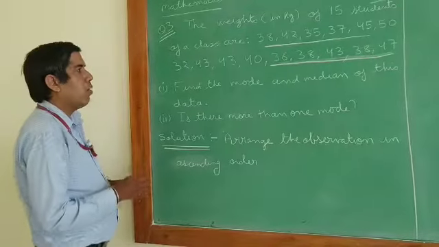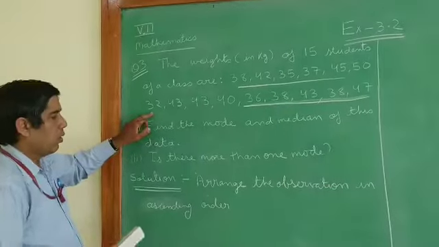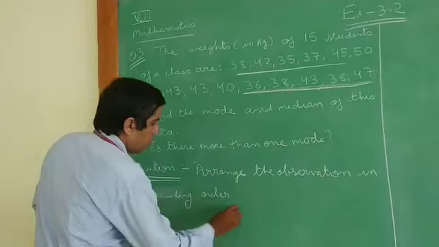So I am arranging in ascending order. This is the smallest one. You can see 32 is the smallest one. So first I will write 32.